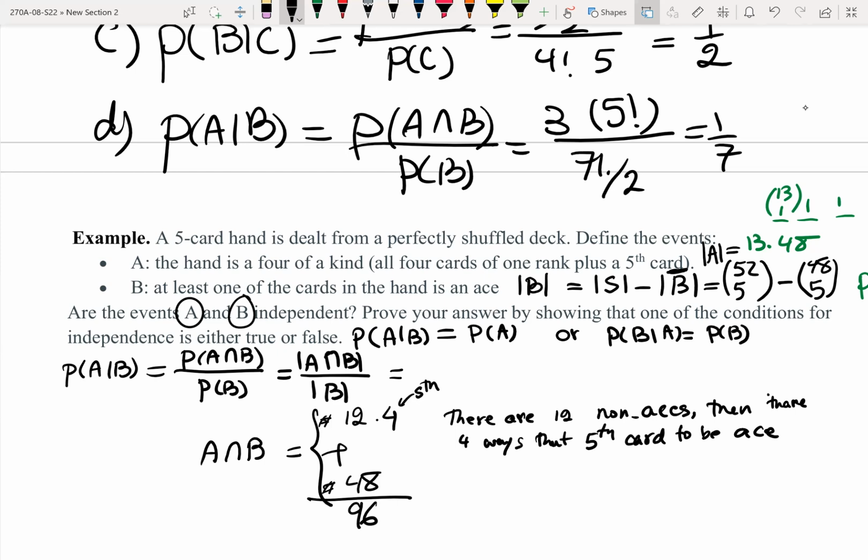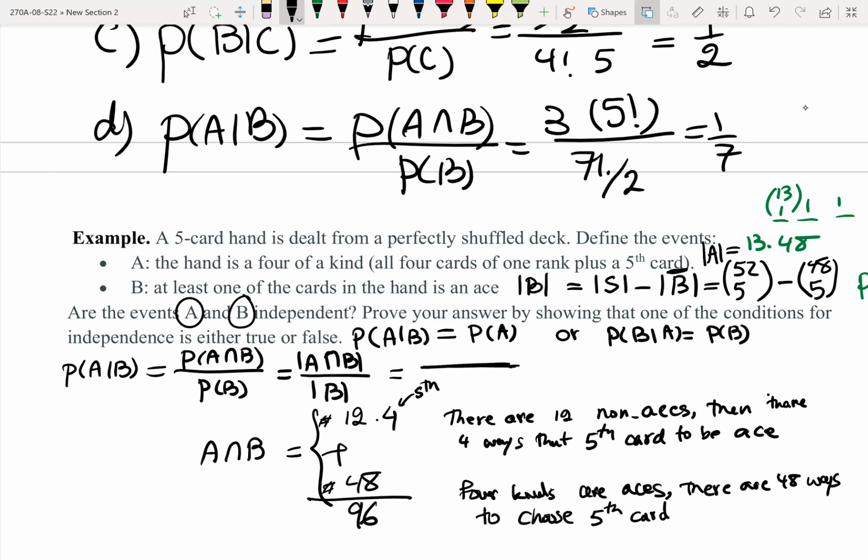And this is what you said, 4 of a kind to be all aces. There are 48 ways to choose the fifth card. So that's 96.